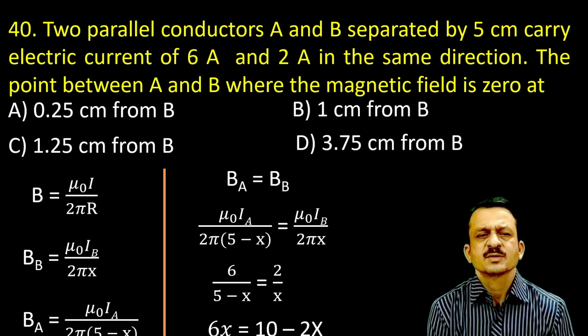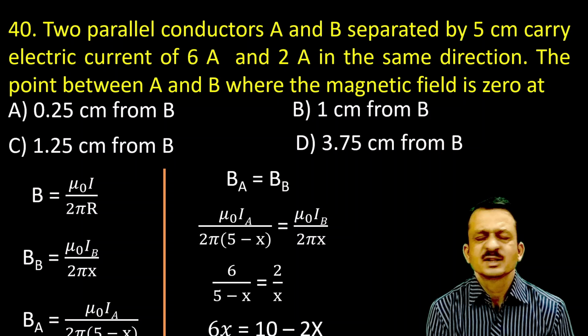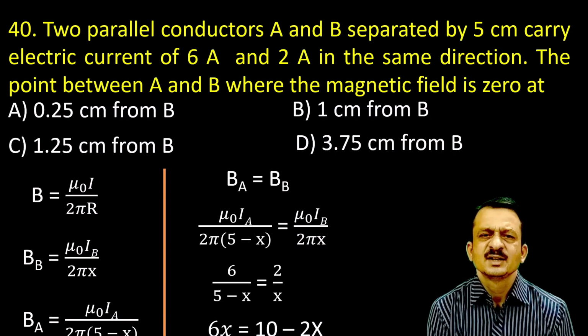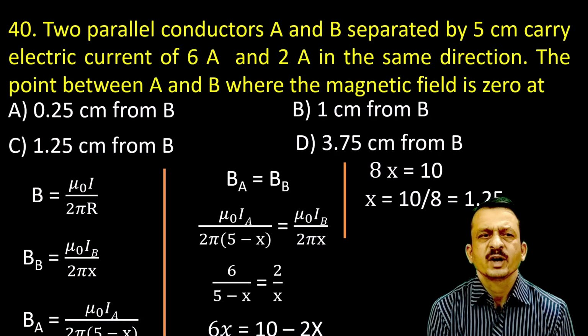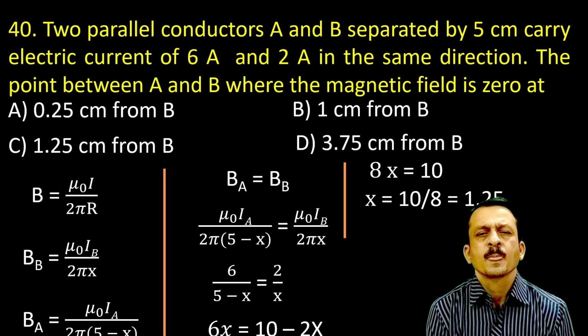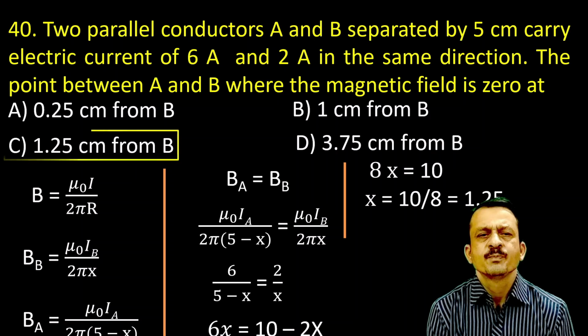Simplifying, 6x plus 2x, that is 8x, is equal to 10. Therefore x is equal to 10 by 8, that is 1.25 centimeter from the point B. Obviously C is the right answer. Here we have not converted the distance into meters, because in both cases it cancels out.